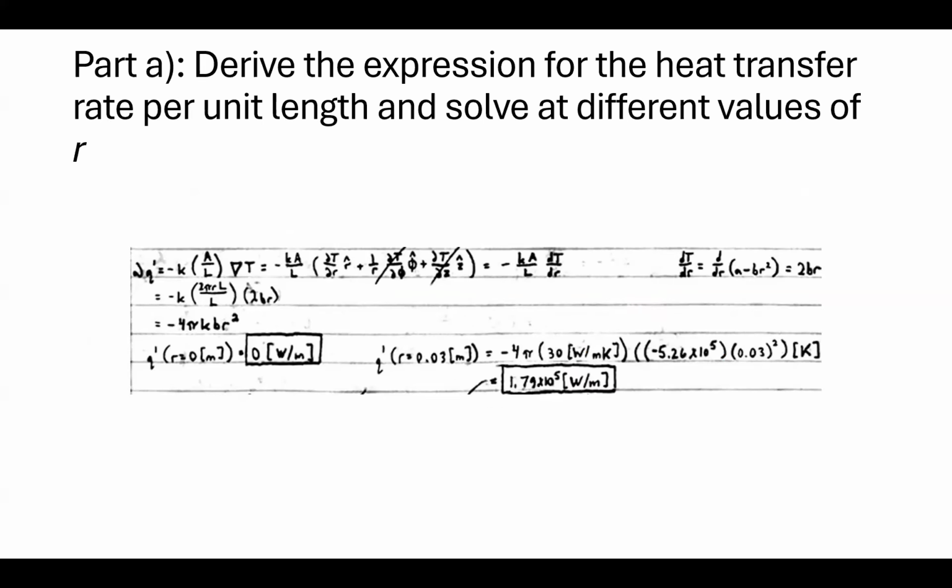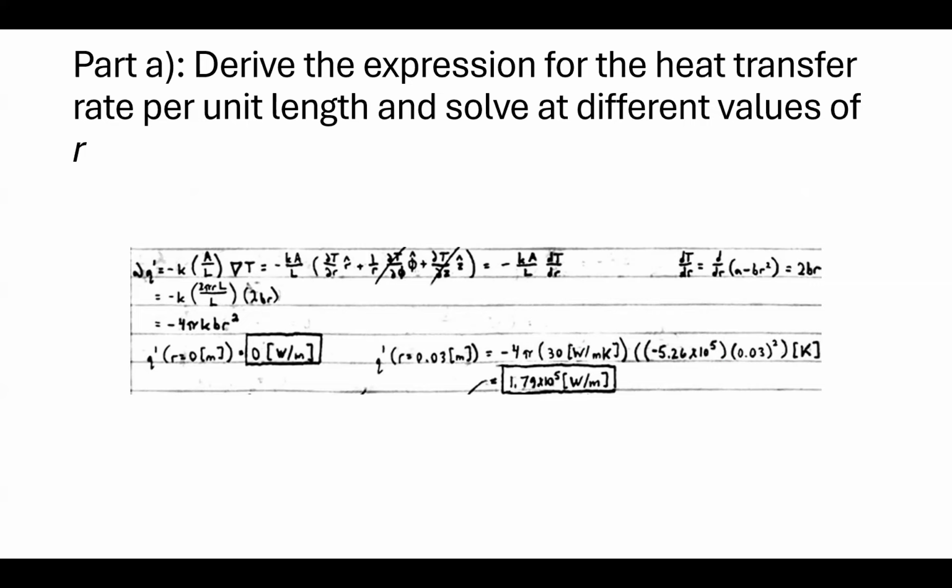So for part A, I went through and simplified the Fourier's law equation per unit length. So we're neglecting the phi and z derivatives. And so we're just left with negative K times the cross-sectional area that the heat transfer is occurring through, divided by the length of that section of the fuel rod.